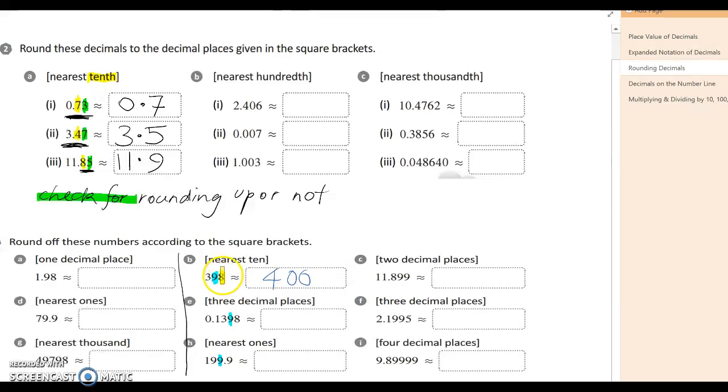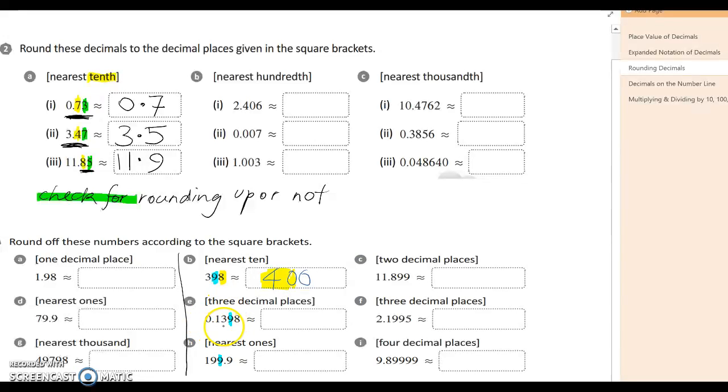Look at that. Is it 5 or higher? Ooh, yeah, it is. So that 9 has to get rounded up to 10, which flows over because 39 plus an extra 1 is 40. So there's how many 10s? 40.